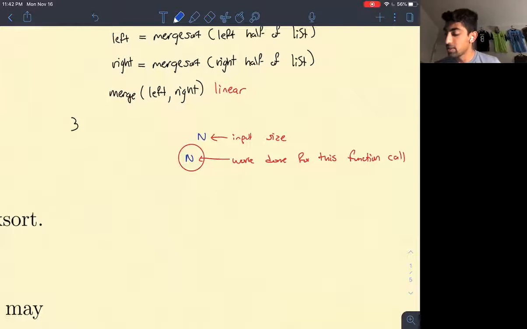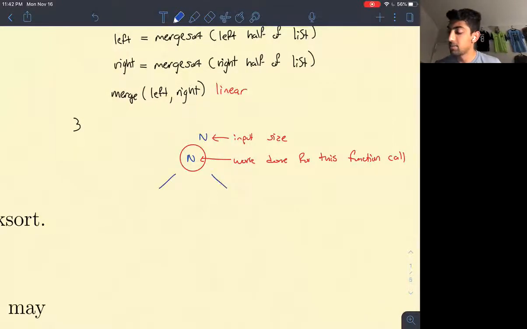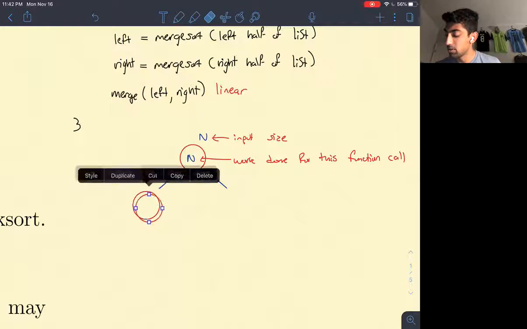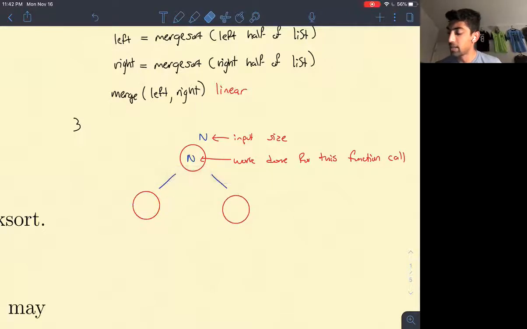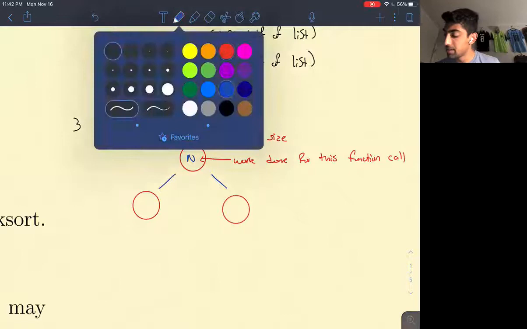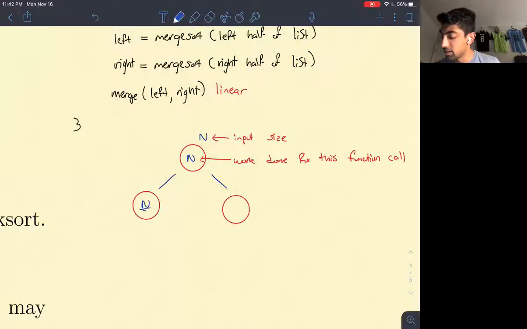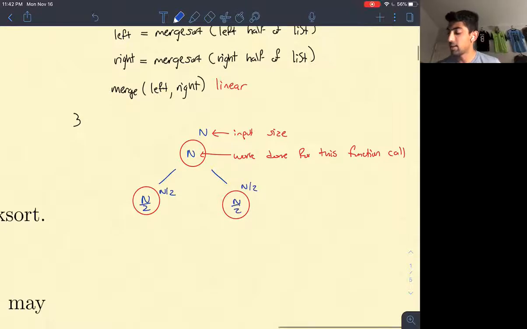What we'll see here is the following tree. It kind of looks like this.